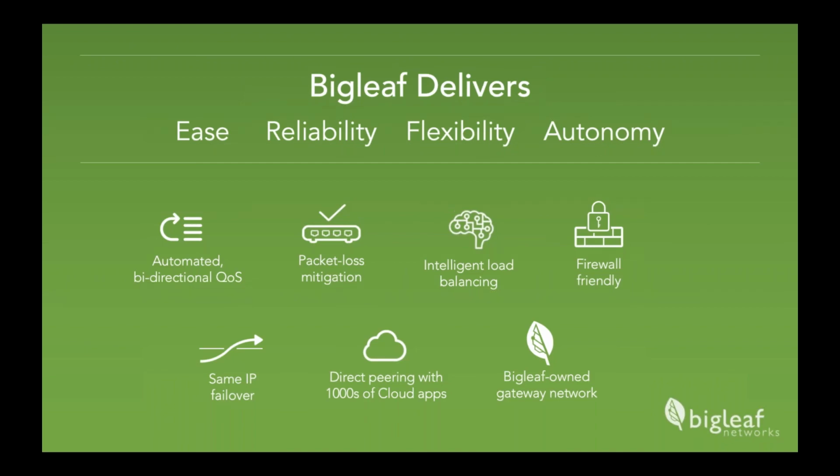If any of our customers have an issue on their network and they have a Bigleaf, call our support team. We're going to do whatever we can to help solve your problem, even if it's not a Bigleaf problem. And then again, thousands of direct peering arrangements with all these cloud application providers with our gateway-owned network. So you're getting the most out of your investment in the cloud.